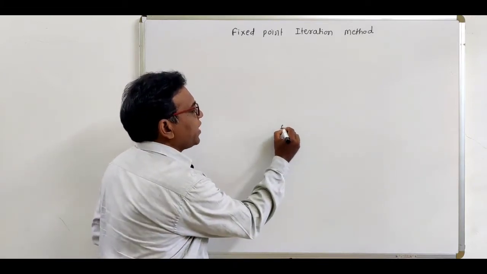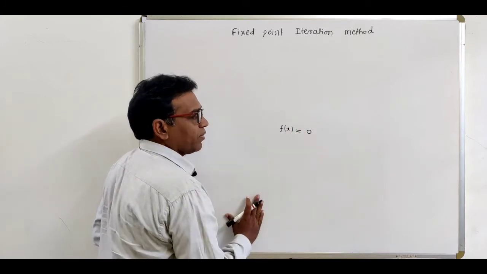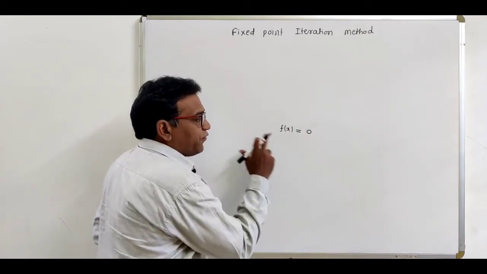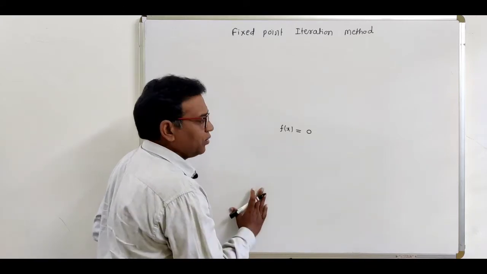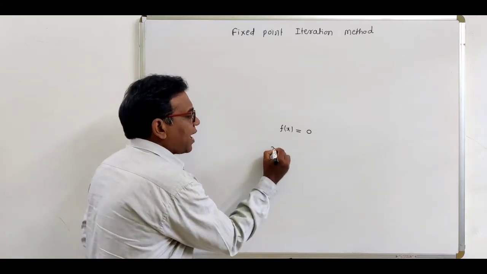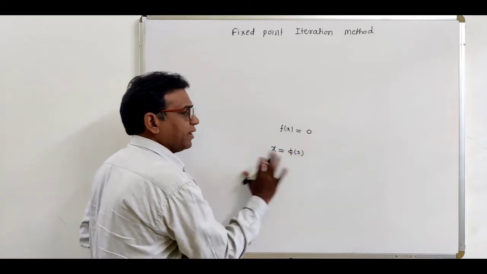Suppose we have the equation f(x) equal to 0, and we express this equation f(x) equal to 0 in the form x equal to phi of x.